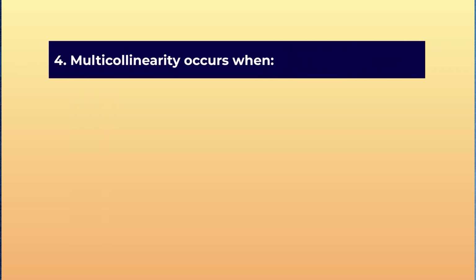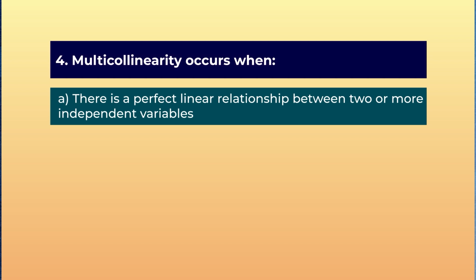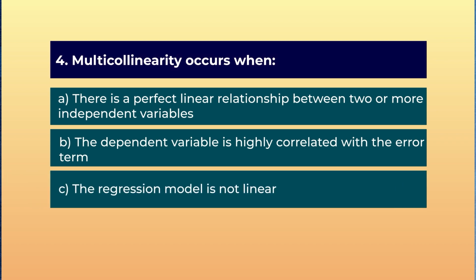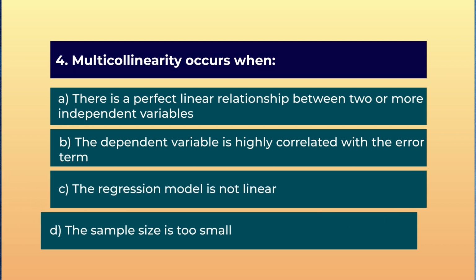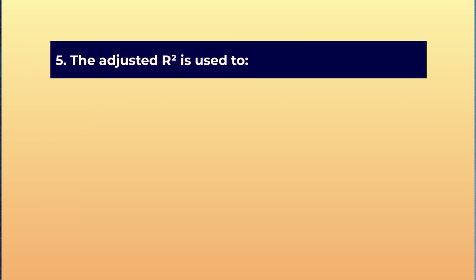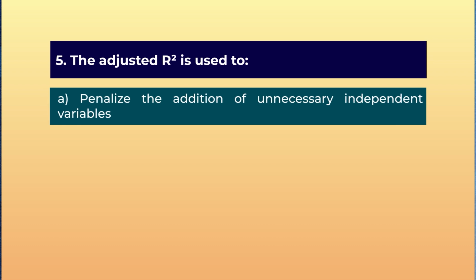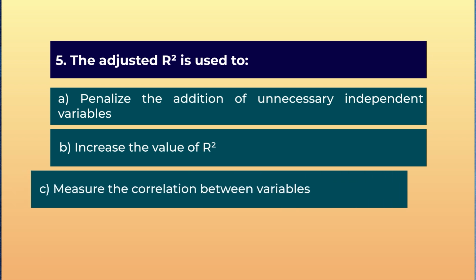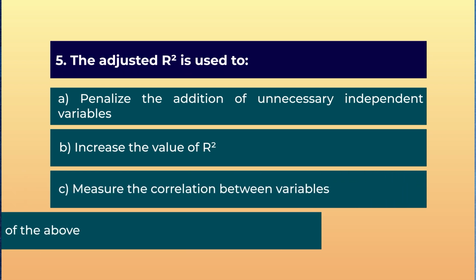Question 4, multicollinearity occurs when: option A, there is a perfect linear relationship between two or more independent variables; B, the dependent variable is highly correlated with the error term; C, the regression model is not linear; D, the sample size is too small. Question 5 is, the adjusted R square is used to: option A, penalize the addition of unnecessary independent variables; B, increase the value of R square; C, measure the correlation between variables; and D, none of the above.